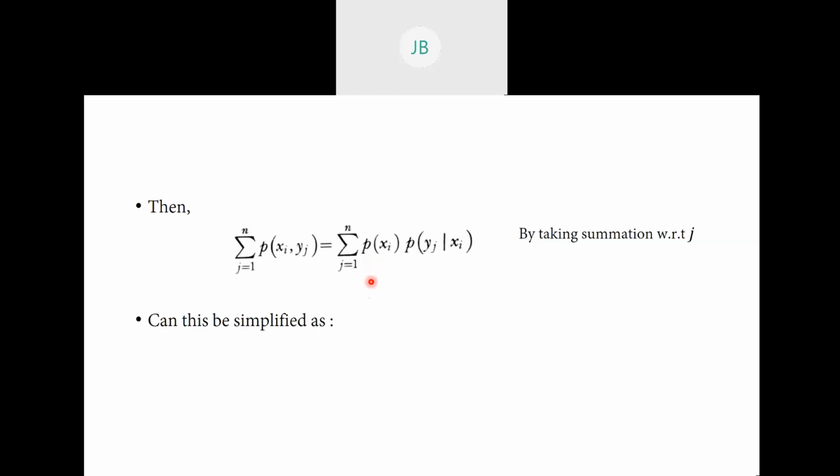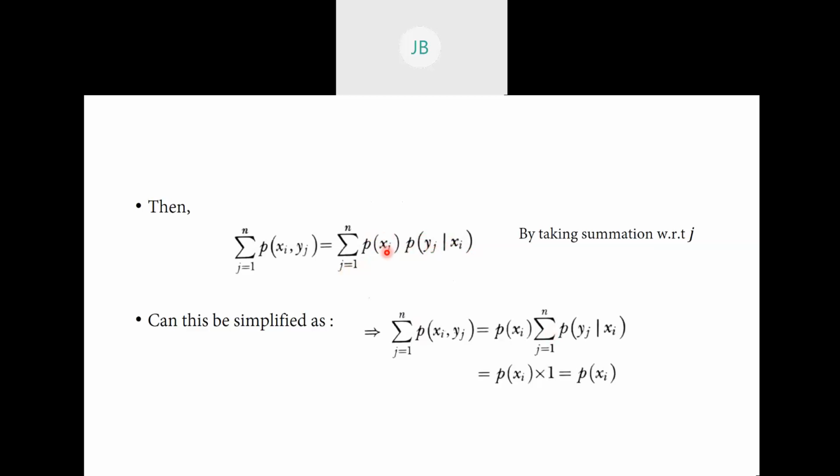So this can be further simplified. We have the left hand side here and the right hand side, if you observe carefully. P of xi multiplied by this is summation of the conditional probability of yj given xi. Here, because this is summation, this term is independent of j.